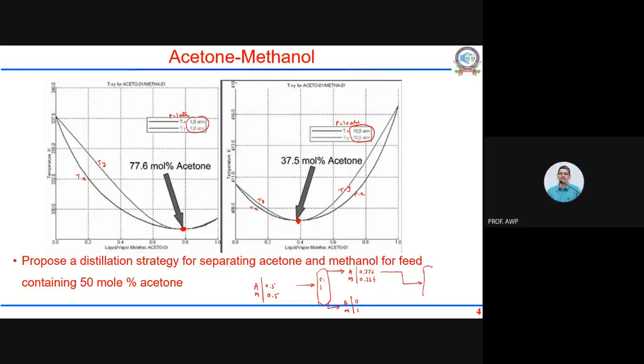Send this to the column at 10 atm. At the top we get the azeotrope of 37.5 mole percent acetone. Sir, at the top it will be 0.375 acetone.